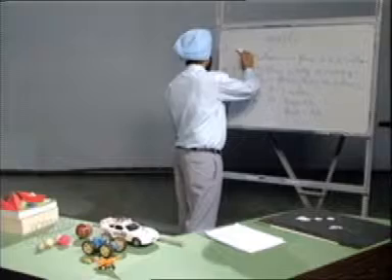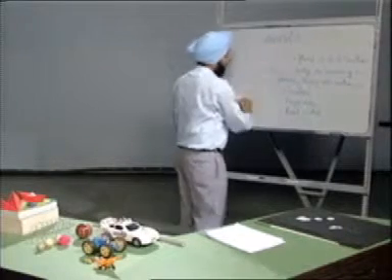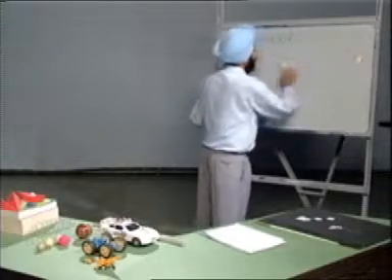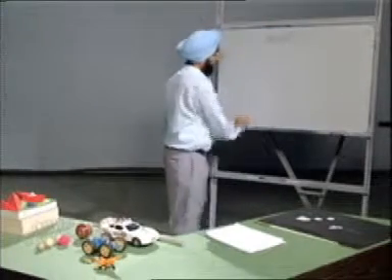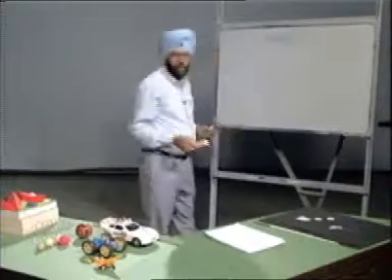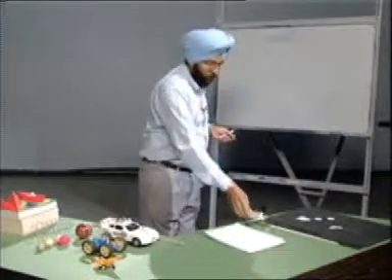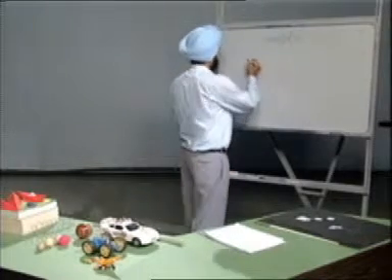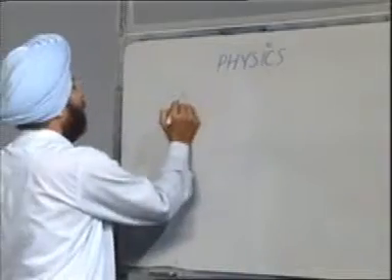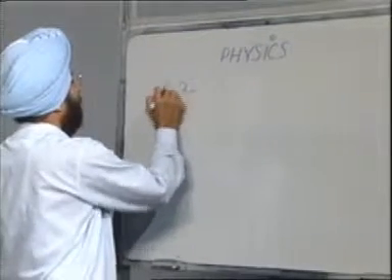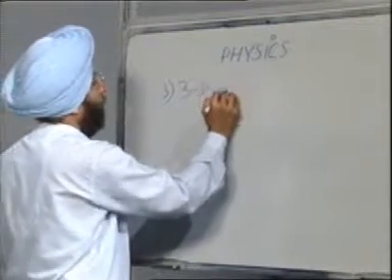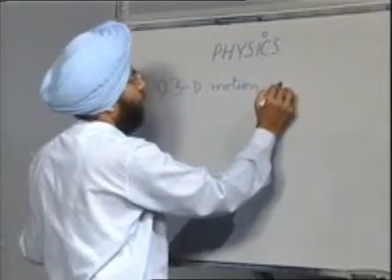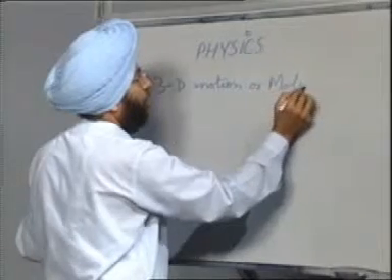Now, if instead of a boat we have a submarine, this motion is called three-dimensional motion. 3D motion is motion in space.